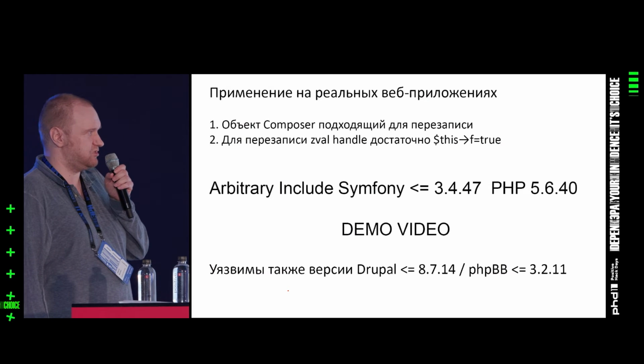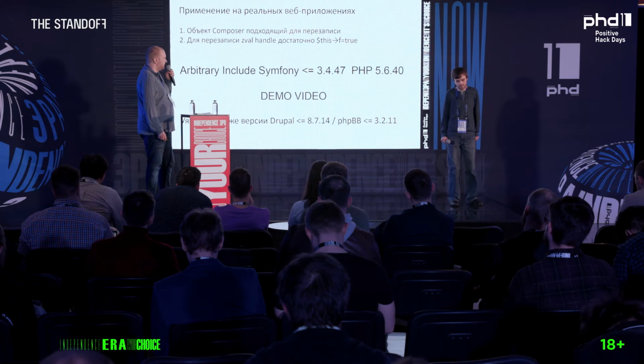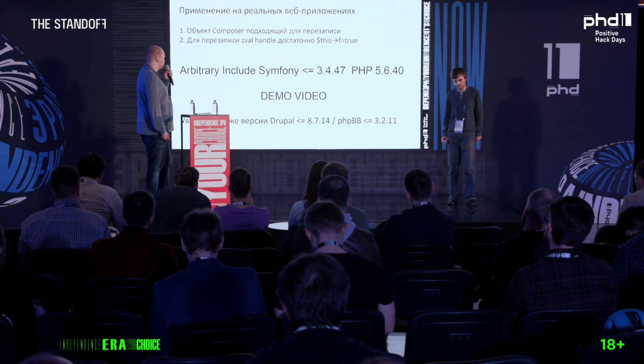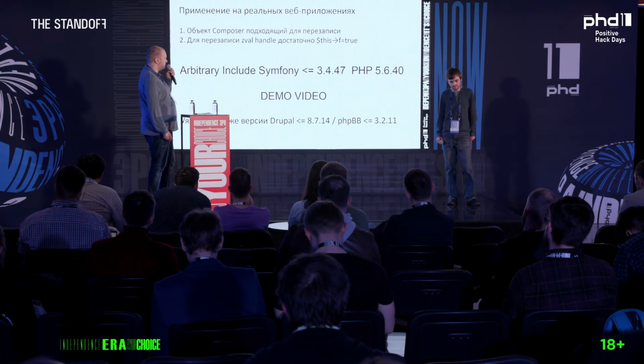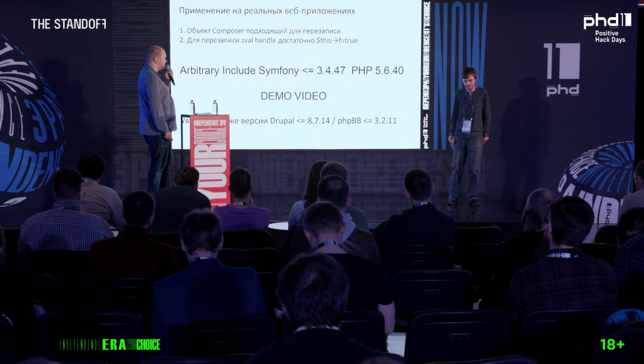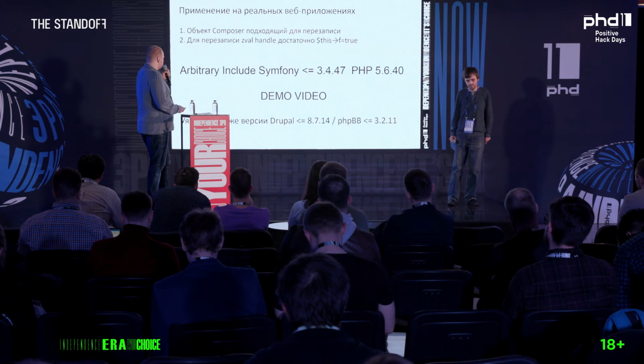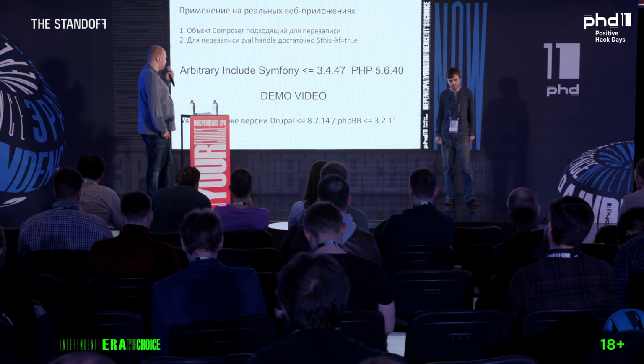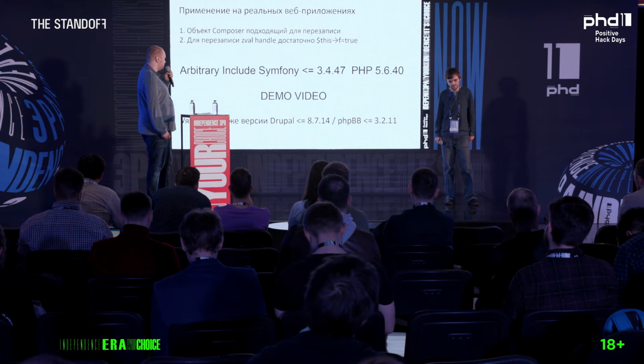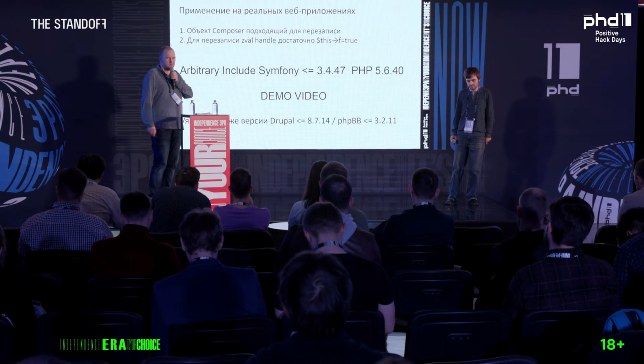More often it's not one, it's true, because in PHP there is a type transformation. So this is the pattern. Just true, and then Composer is our object. And that's it. It includes Symfony for all the versions.